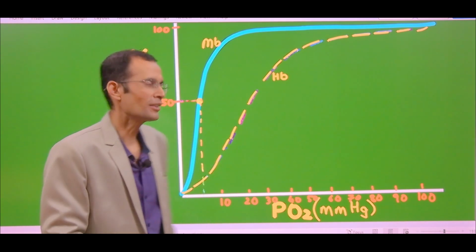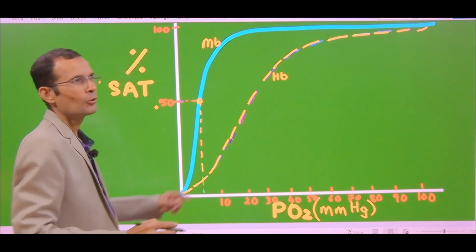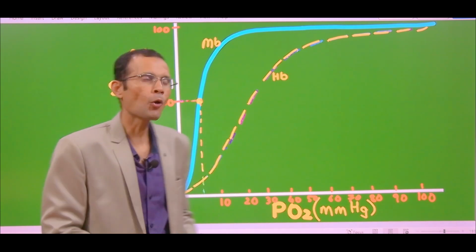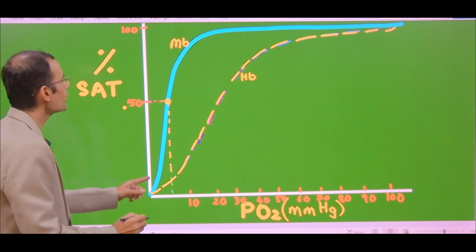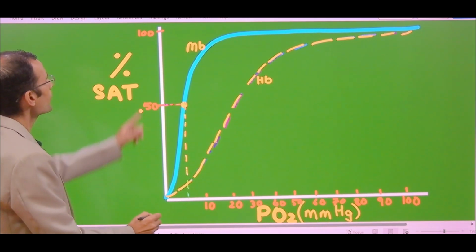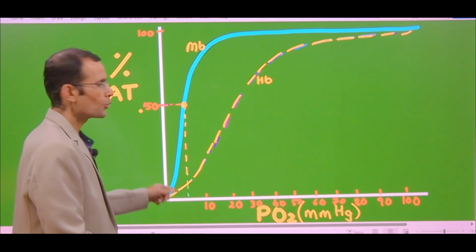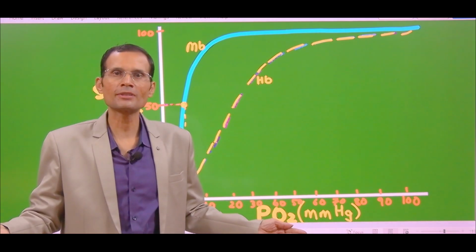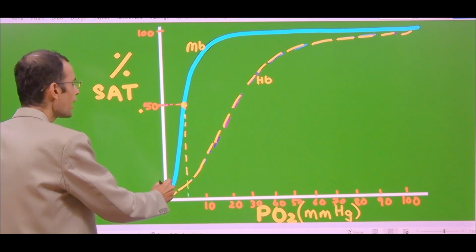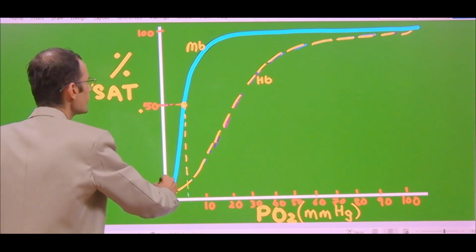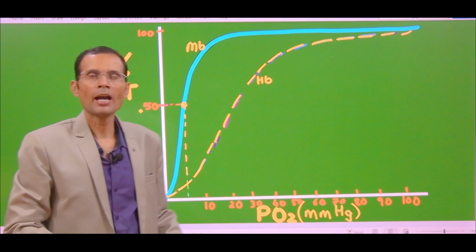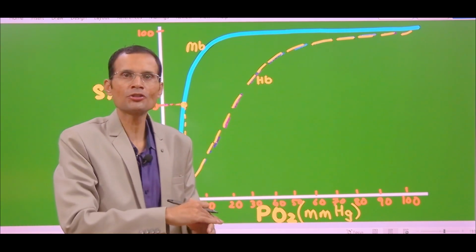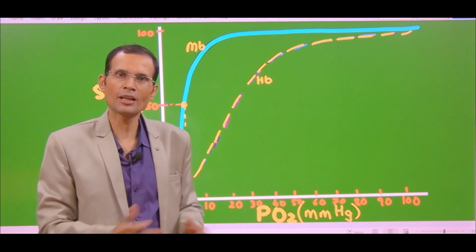What about myoglobin? One myoglobin molecule can take up only 1 oxygen molecule, which means what? Check it out here. On the vertical axis we have percent saturation. So when 1 oxygen molecule binds with the myoglobin, it is 100% saturation, and therefore you can see that this part of the curve is rising almost instantly and reaching the peak, because as soon as 1 oxygen molecule combines, it means 100% saturation.